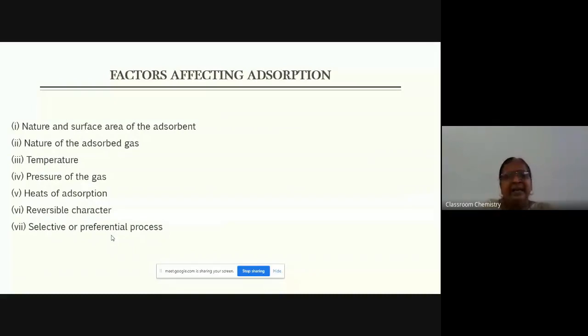Adsorbent म्हणजे काय? If we consider the adsorption of acetic acid by charcoal, then acetic acid is the adsorbate and charcoal is the adsorbent.